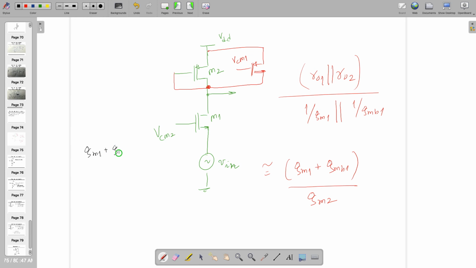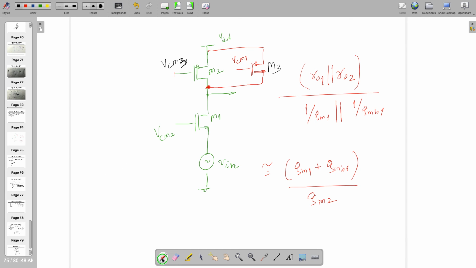GM1 plus GMB1. Very nice. Okay. Let's call this one as M3. 1 by GM2, okay. RO3. Still you can approximate this to same value because RO3 is much higher than 1 by GM2, right? Okay. However, if this is the case, 1 by GM VCM3, okay, then what will be the answer?